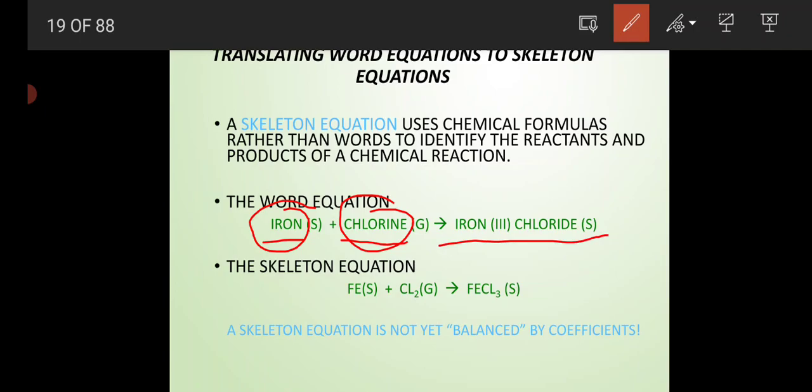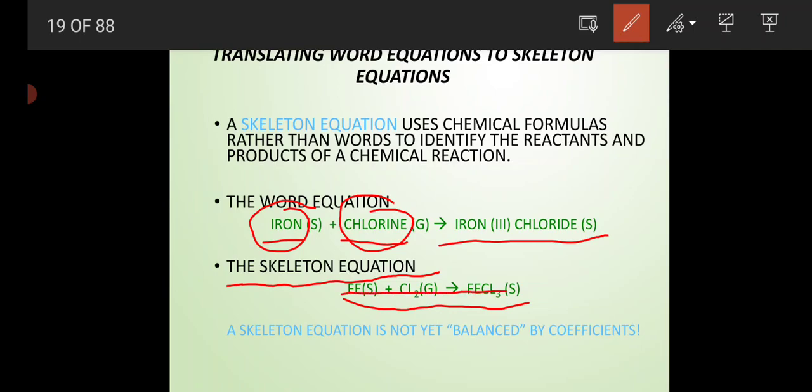In order to convert them into a skeleton equation, what we have to do is write down the symbols of iron and chlorine. Here all are written in capital letters, which is not correct, because the format of this page is like that.